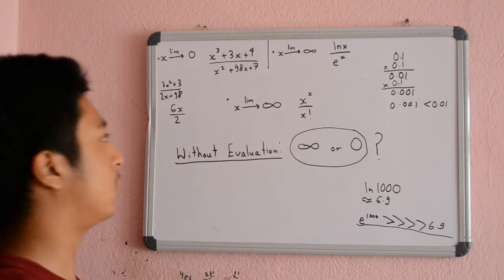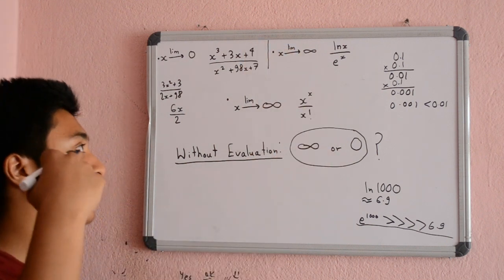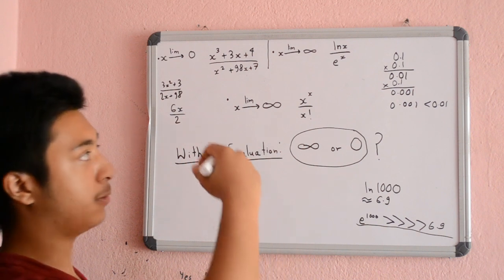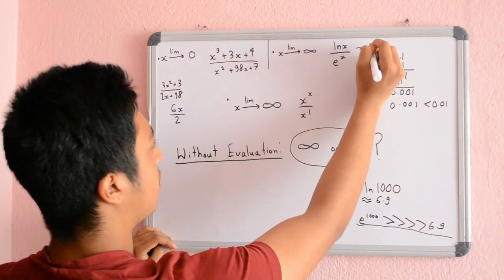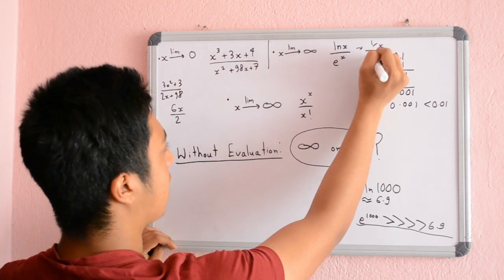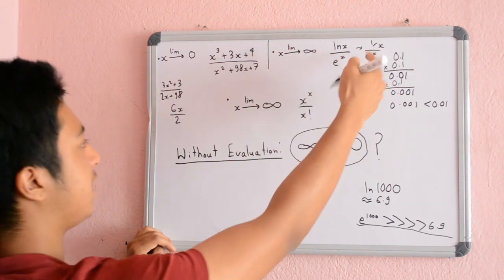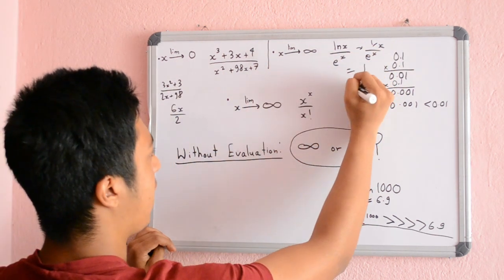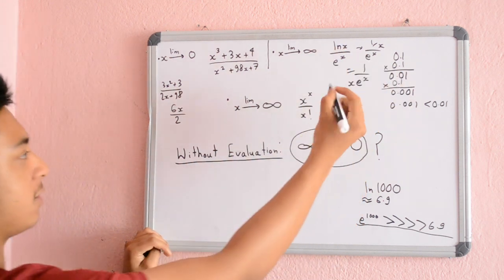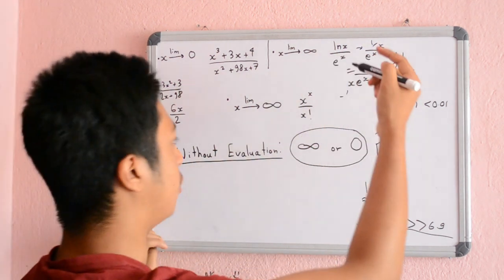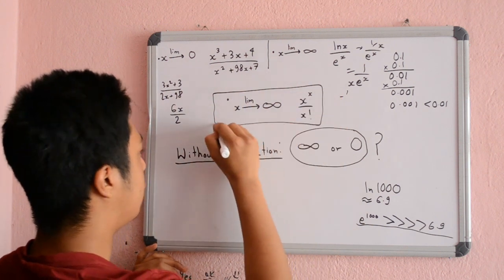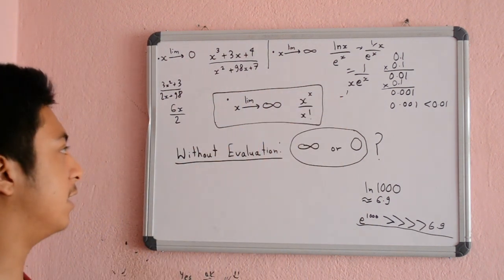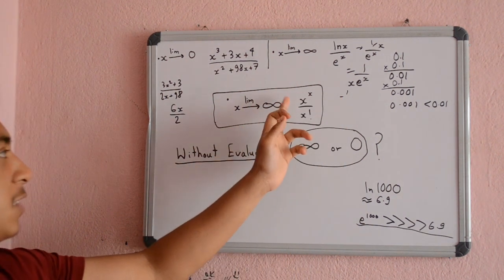And to check that, you can also use L'Hospital's rule right here. This will become 1 over x over e to the power x, which is 1 over x times e to the power x, and if you plug in infinity, we'll have 1 over infinity, which is 0.